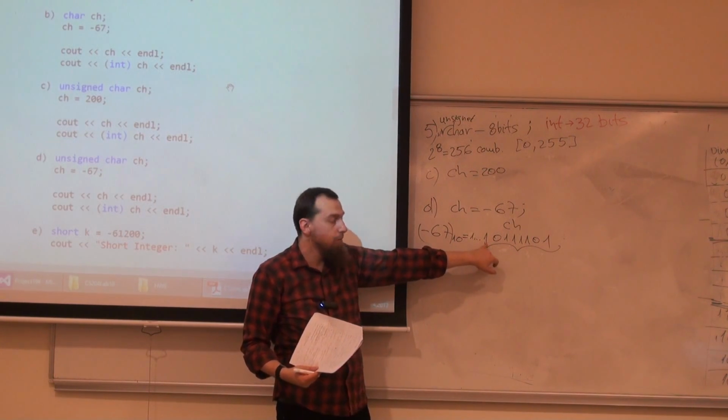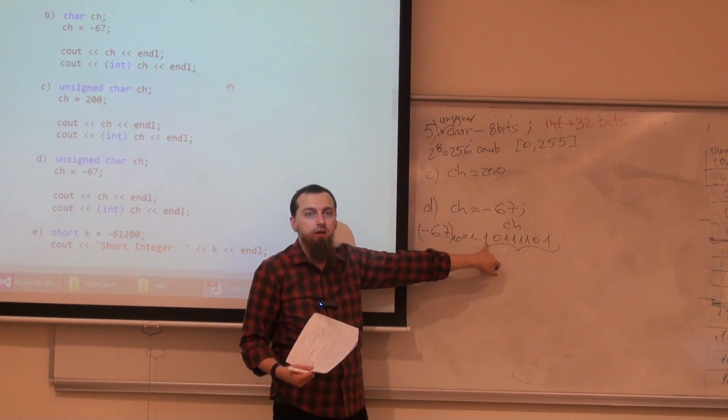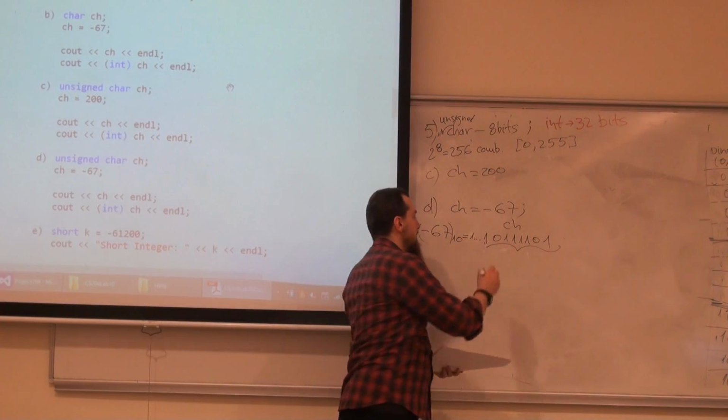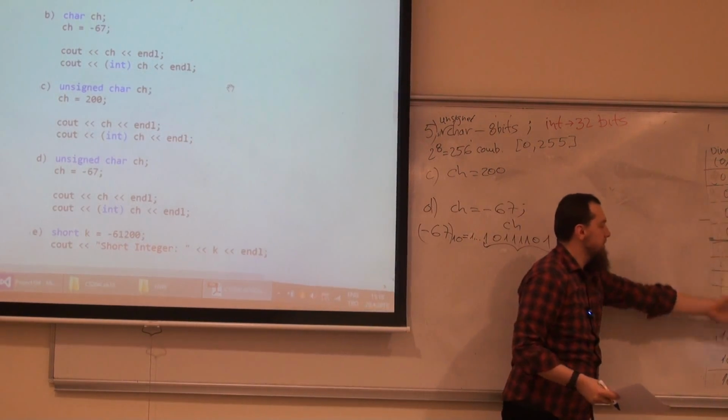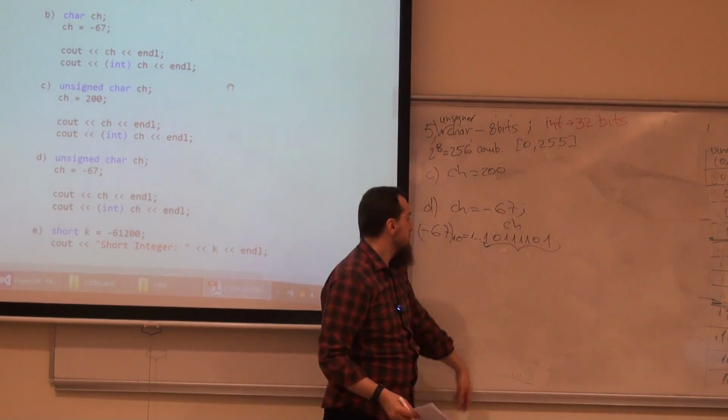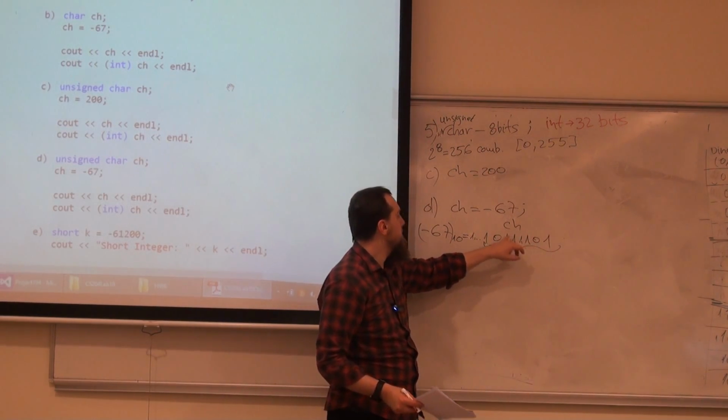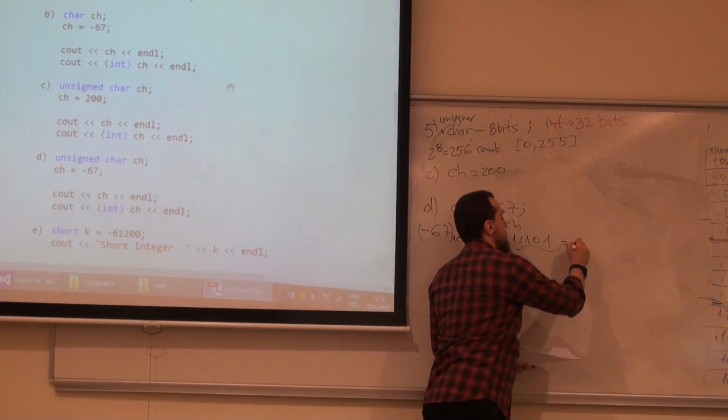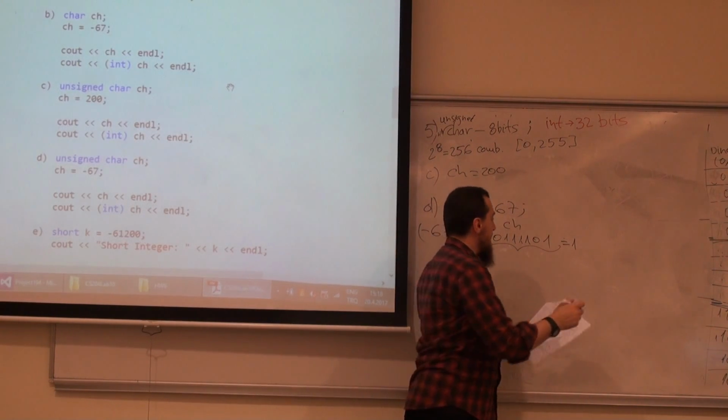Is this going to be a negative number? No, because it's unsigned. Actually, it's going to be this stuff here, normal binary. So it will be 1, 2, 4, 8, blah, blah, blah, which is actually 189.